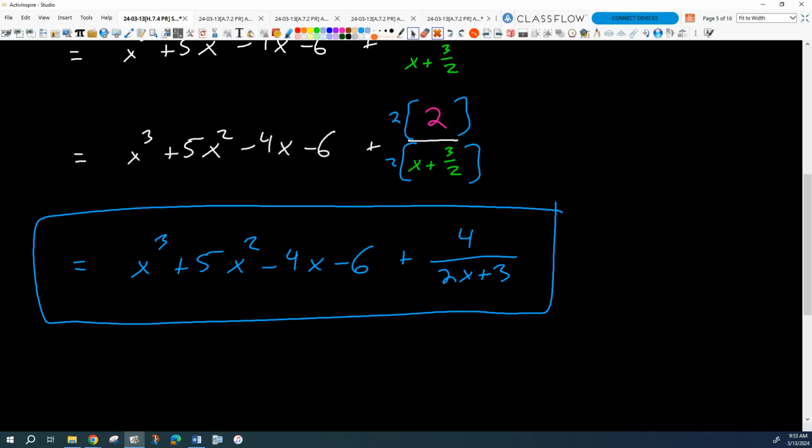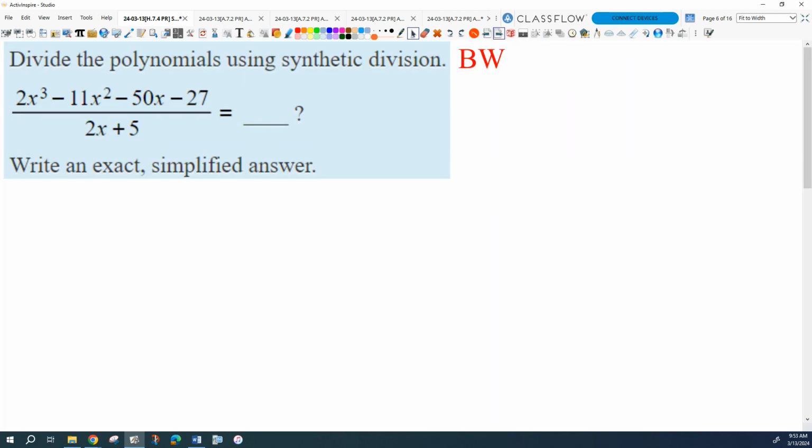Okay, make sense? All right, you guys try one of those. Okay, help me out here. What do we need to do first in order to be able to use synthetic division? Multiply by 1/2. Distribute in 1/2, right?